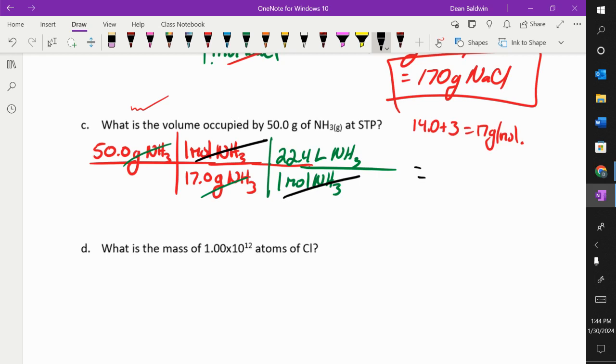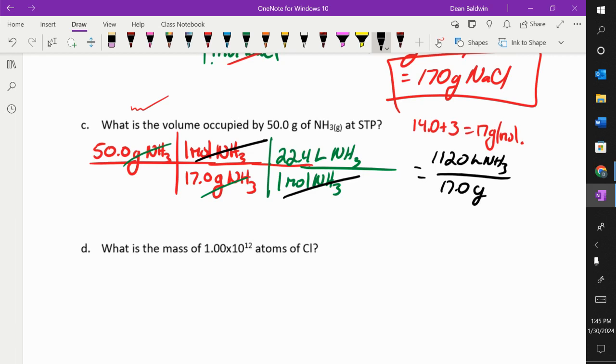You can go to your calculator. If I go 50 times 22.4, I get 1120 liters of ammonia. The bottom is just 17 because it's 17 times 1. You can do this all in one step, obviously.